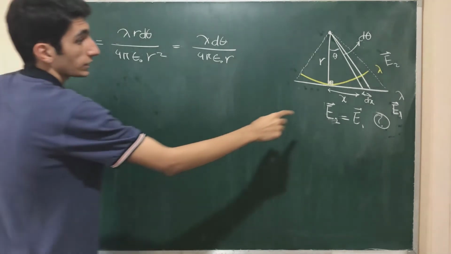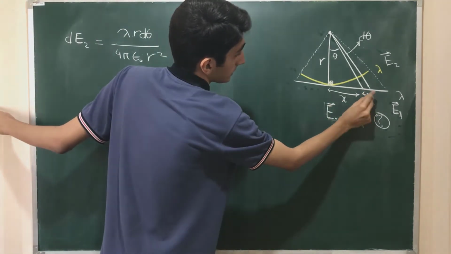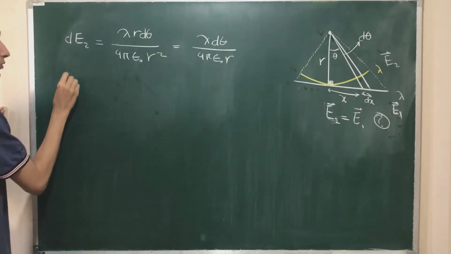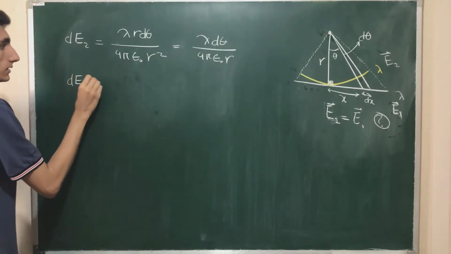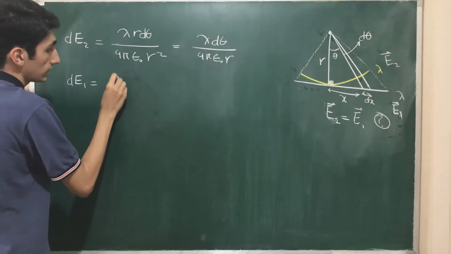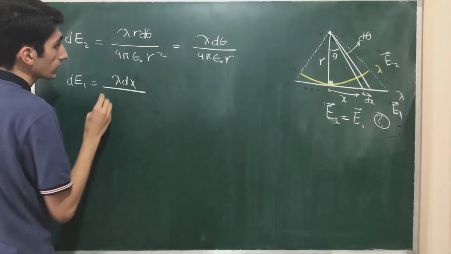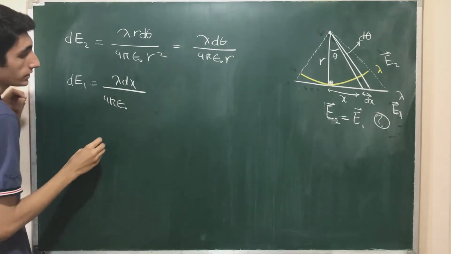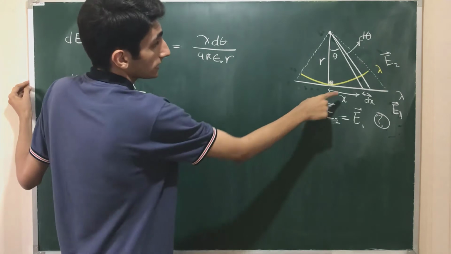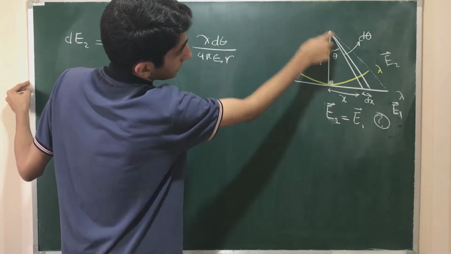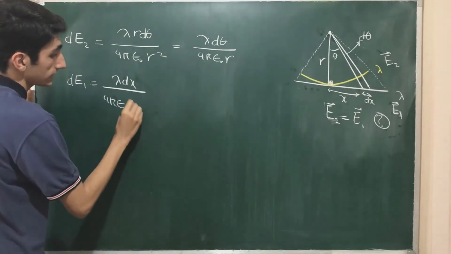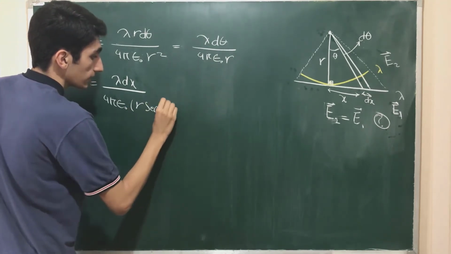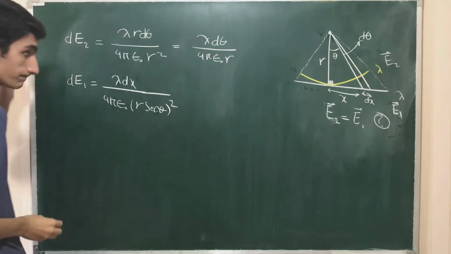The electric field which this white piece here creates at this point, dE1, is lambda times dx over 4 pi epsilon 0 times the distance of this point from this point squared, which is r secant of theta squared.